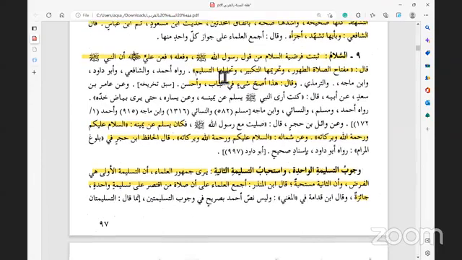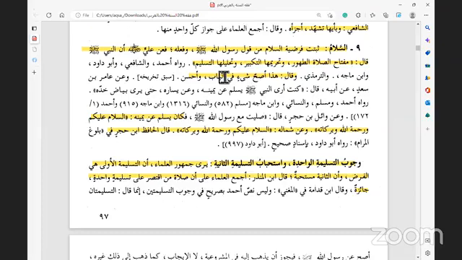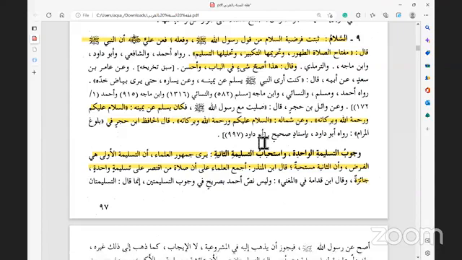Now, to say Assalamu alaikum wa rahmatullah, you want to move your head to be in parallel with your shoulder. Can you say Assalamu alaikum wa rahmatullah wa barakatuh? The wa barakatuh piece of it has differences of opinions between scholars. The part that you would agree on is Assalamu alaikum wa rahmatullah to be on the right side.